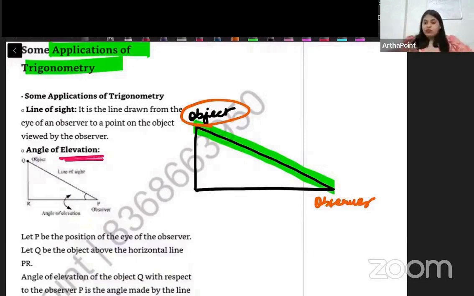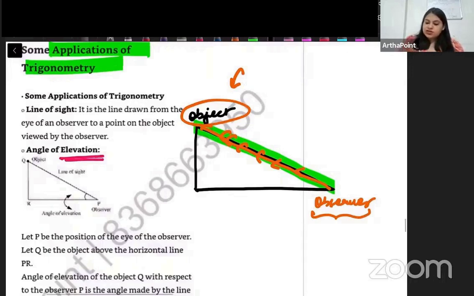So I can be on the ground looking at the top of the Qutub Minar. This is the observer, this is the object, and this is the line of sight, how the observer is looking. Now, there is something known as the angle of elevation. So the angle of elevation is this. This is the angle of elevation.